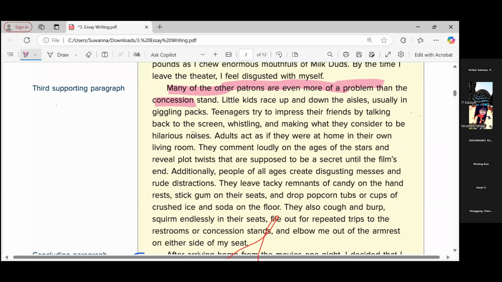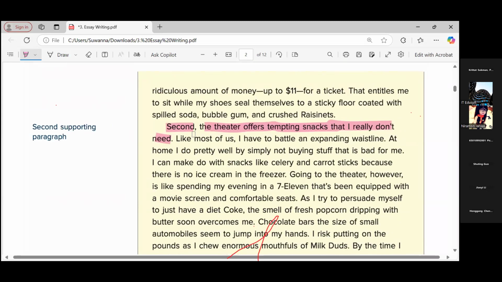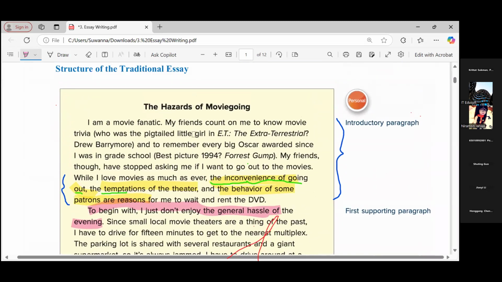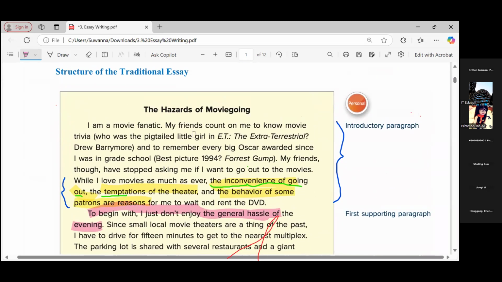You see how the essay developed, right? First, it starts with the introduction, which will give you an overview of the essay. The overview of the essay, or the central idea of the essay, can be seen in the thesis statement.